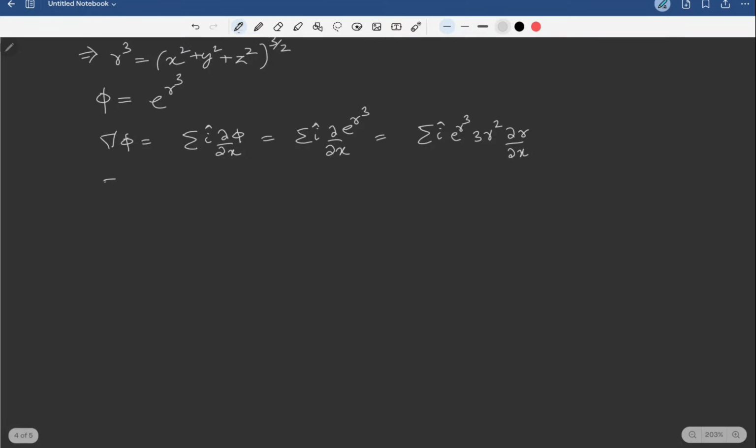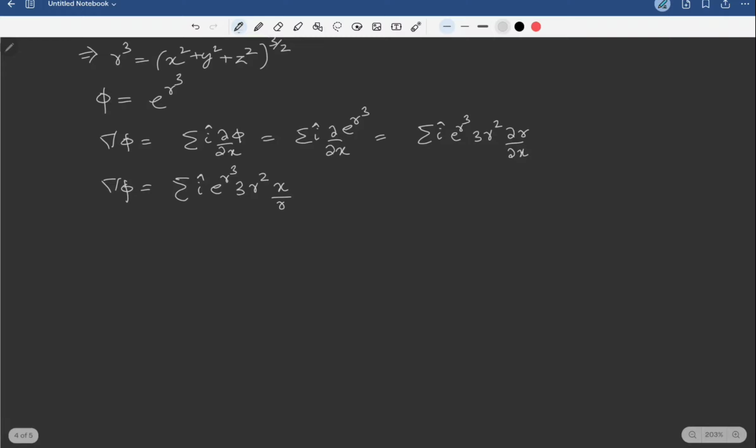I'll again simplify it now. Grad phi is equal to i cap into e raised to r cube into 3 into r square into del r by del x, which is x by r. Yesterday we have written that.